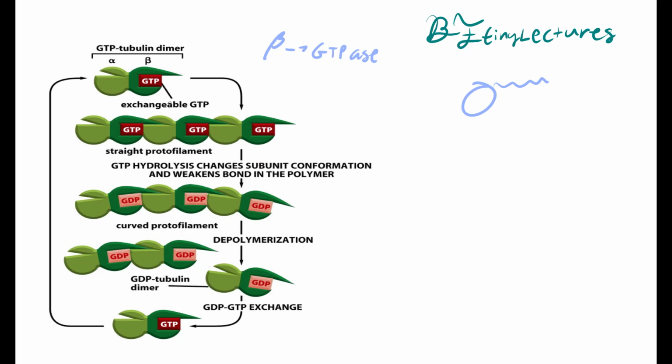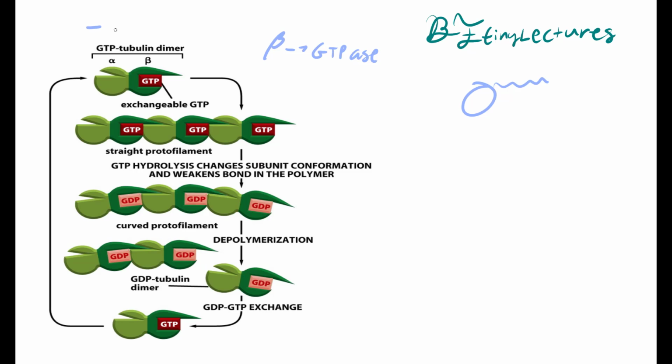The way we do this is that we take a dimer. This dimer has an empty pocket, and the empty pocket can either have GDP, diphosphate, or it can have GTP, triphosphate. Now in this example, since we're expanding, we're going to have the guanosine triphosphate. So when this dimer has the guanosine triphosphate, it will add to itself.